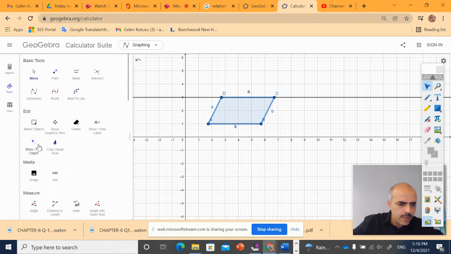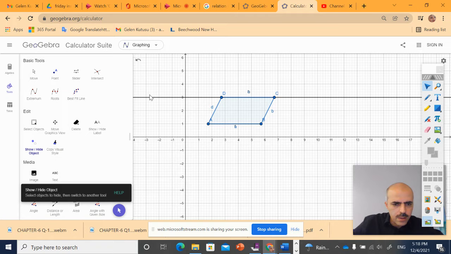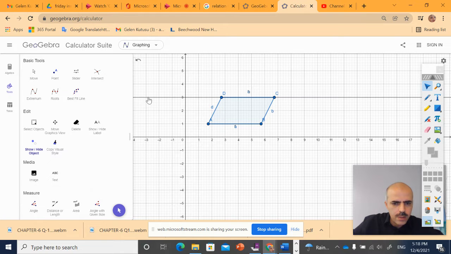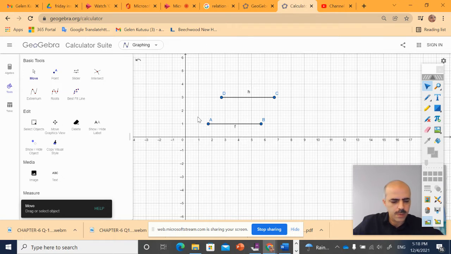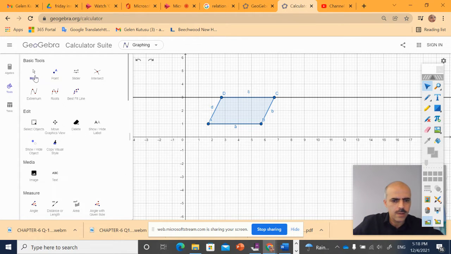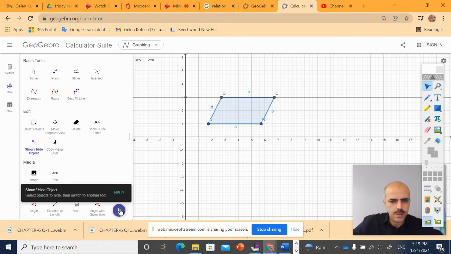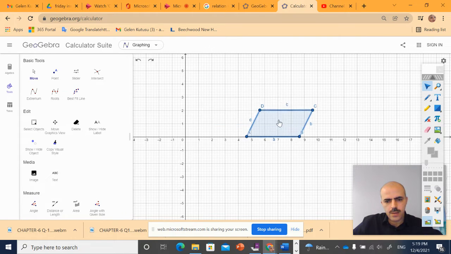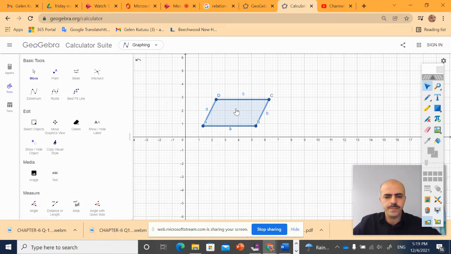So I believe we can just hide this one. Yes. Now it is okay. Oops. What happened? Sorry. It means we clicked more than one side. This one I want to hide. Yes. Now this one we can move here.